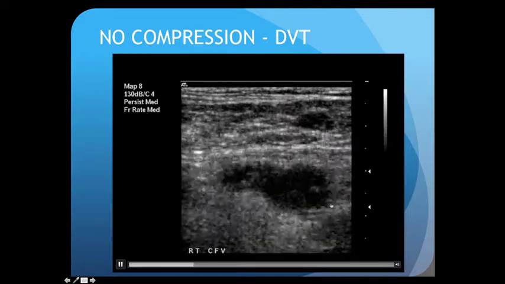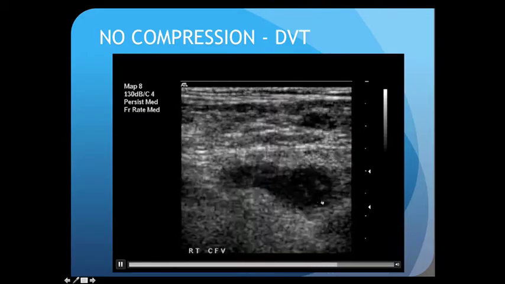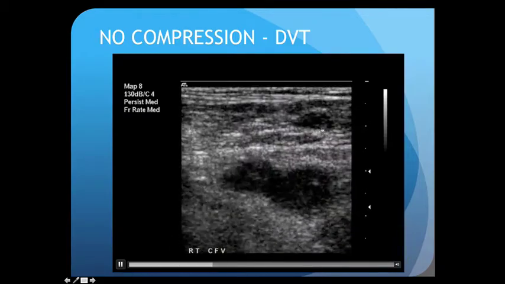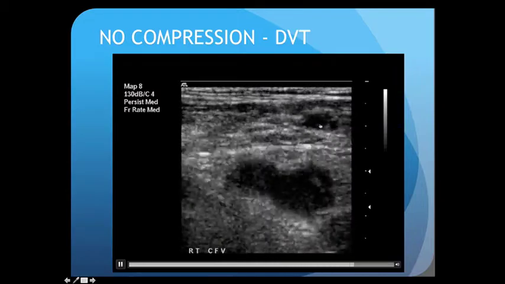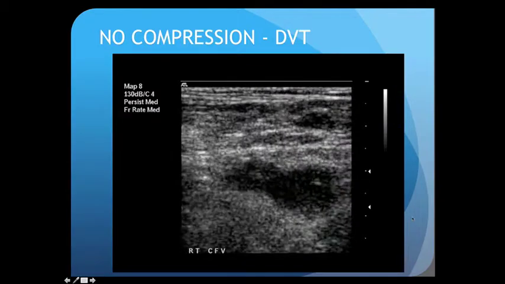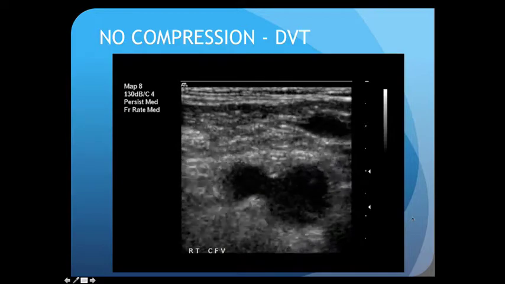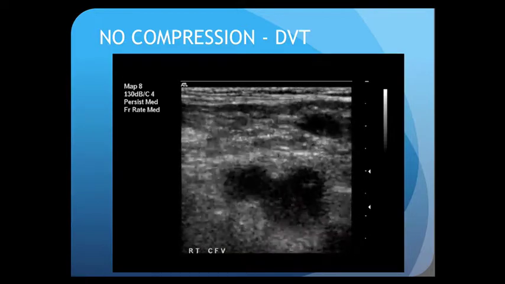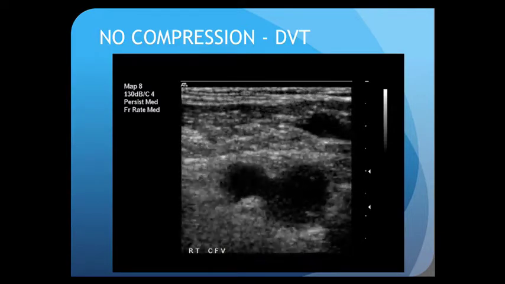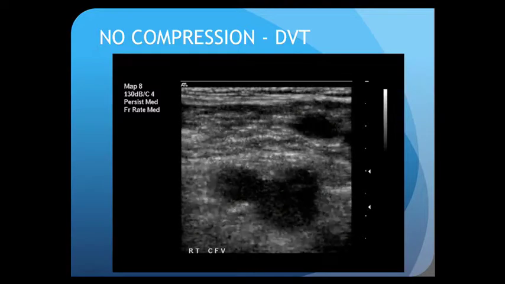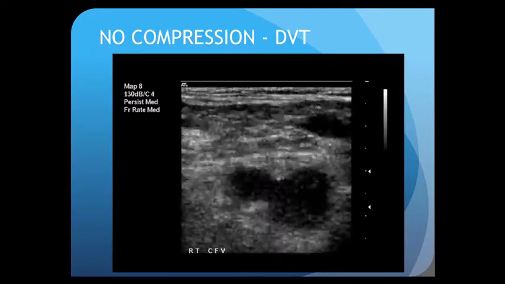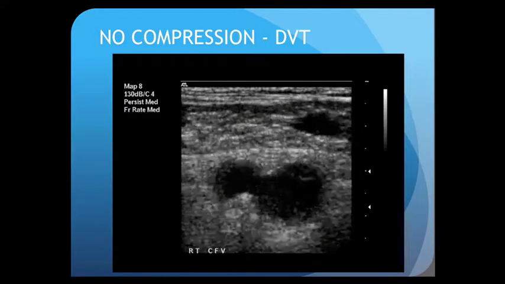So this is a venous thrombosis in the common femoral vein and also in the proximal saphenous vein. And as I said, this is the most accurate test if you can perform compression adequately to exclude thrombus in the vein or to diagnose it.